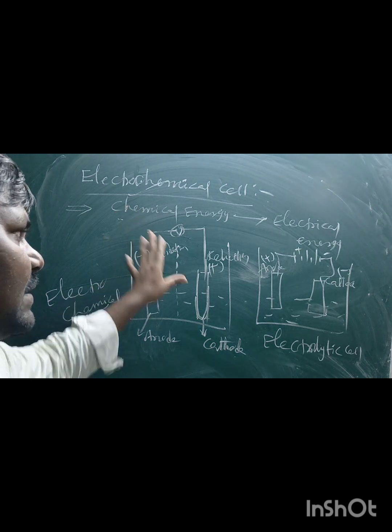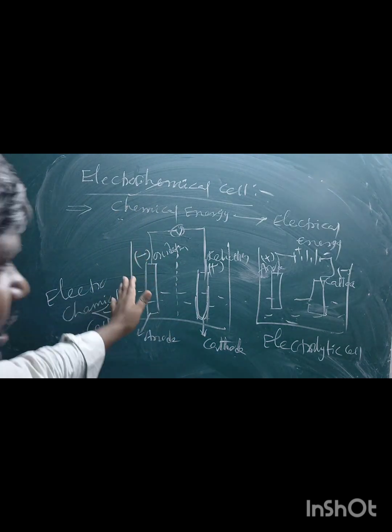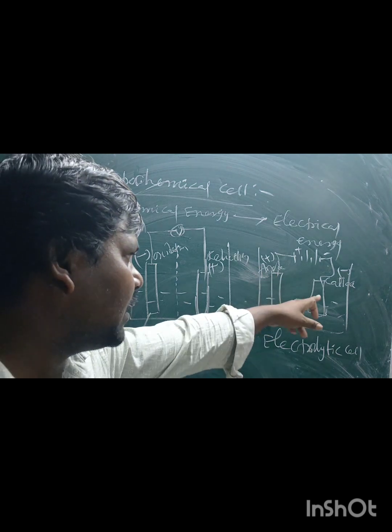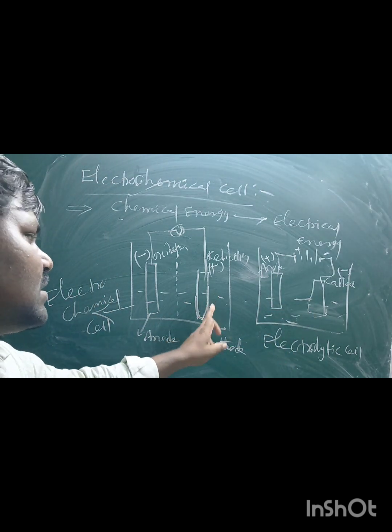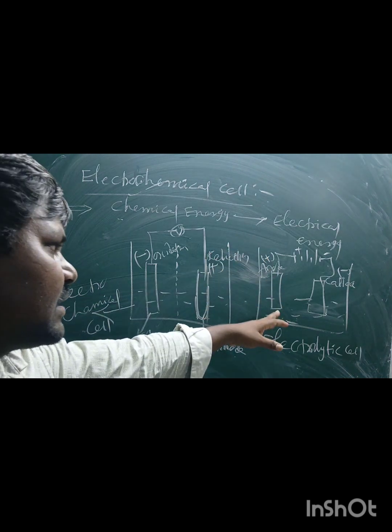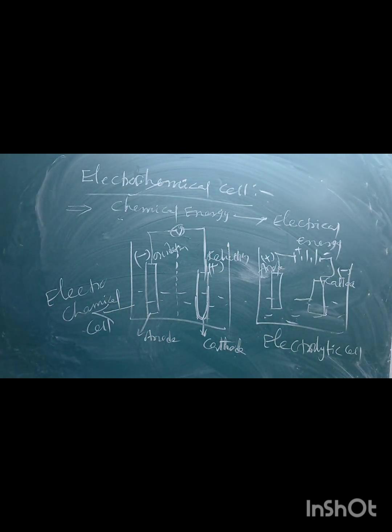It has two chambers, while the electrolytic cell has only one chamber. The ions are discharged at both electrodes in the electrolytic cell, and at the cathode only in the electrochemical cell. It is non-spontaneous, while this is a spontaneous redox reaction. These are the differences. Thank you one and all.